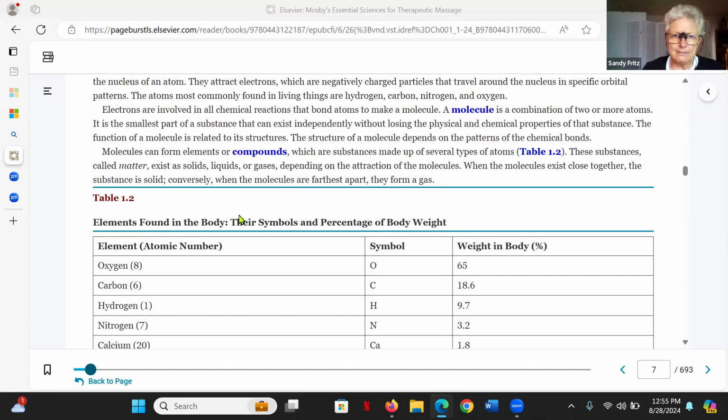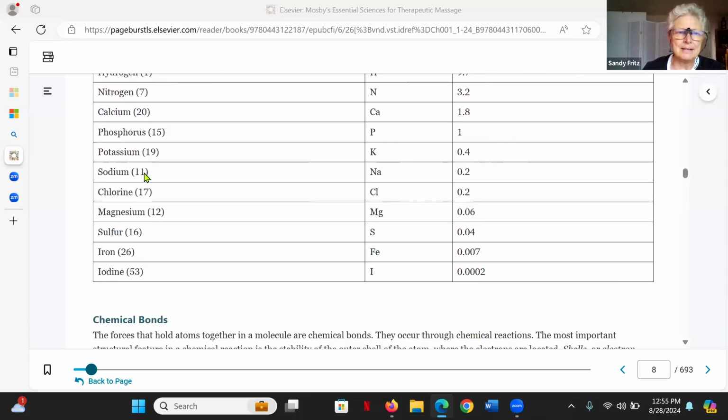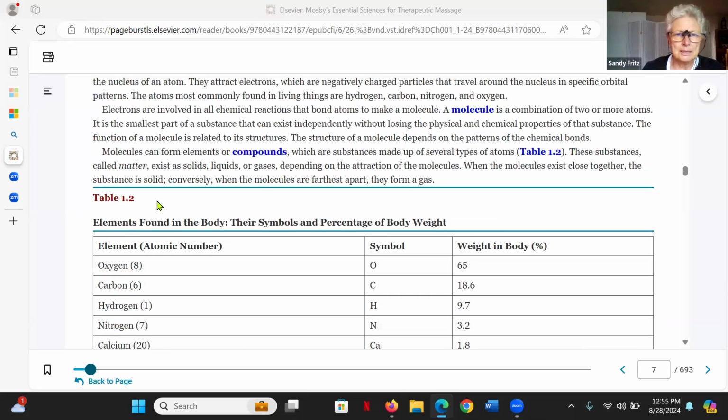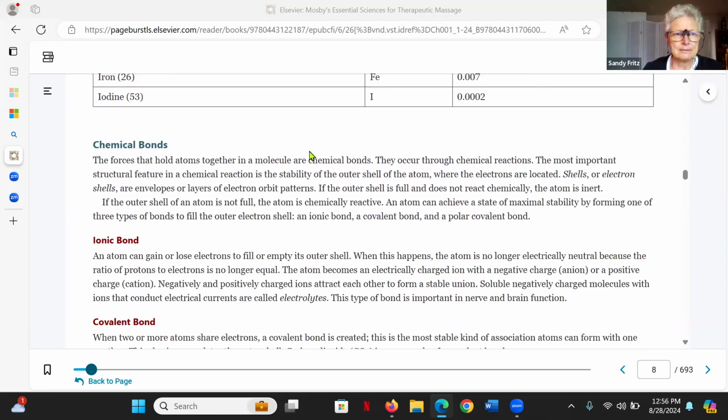You do not have to memorize that the element symbol is an O for oxygen, or any. You don't have to do that, but have an idea of what these elements are and how they combine together. But you don't have to memorize any of this.